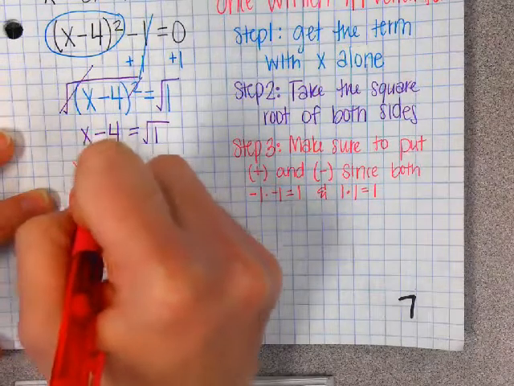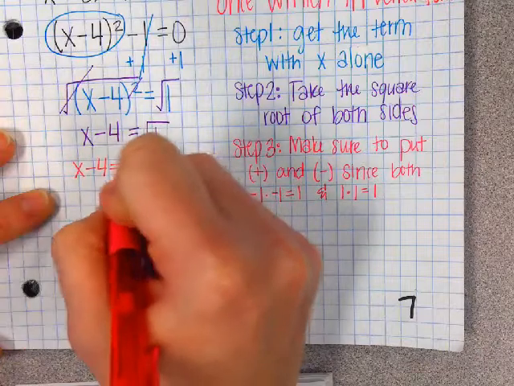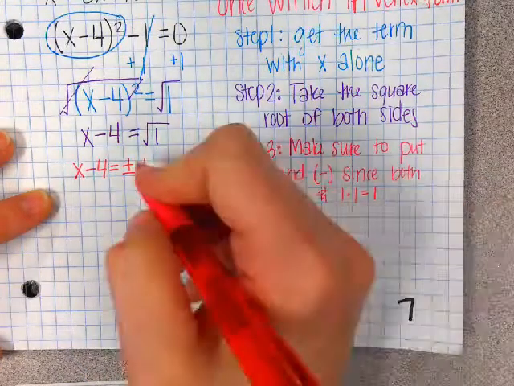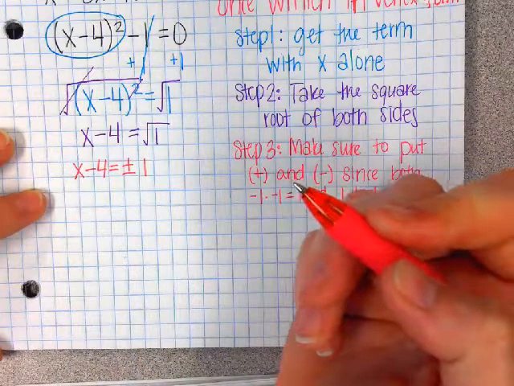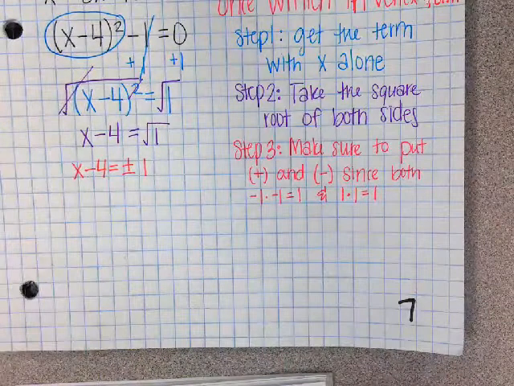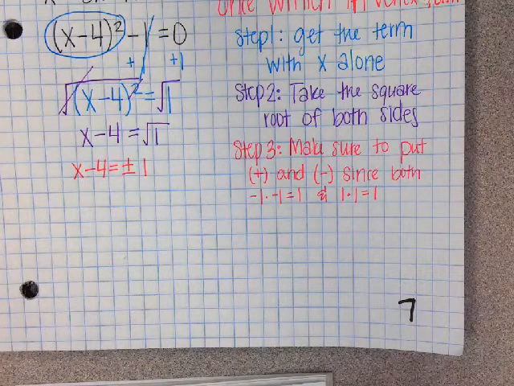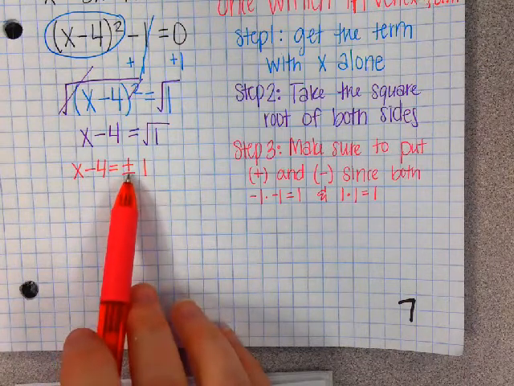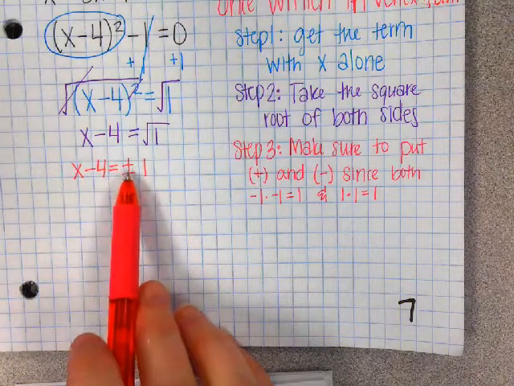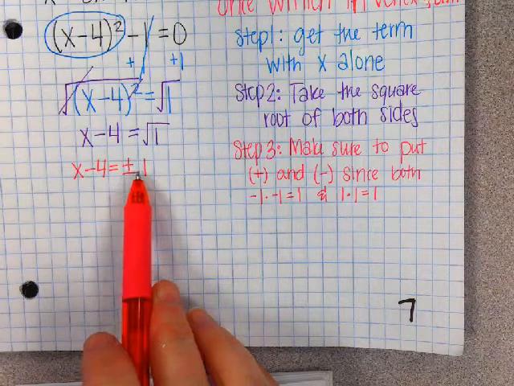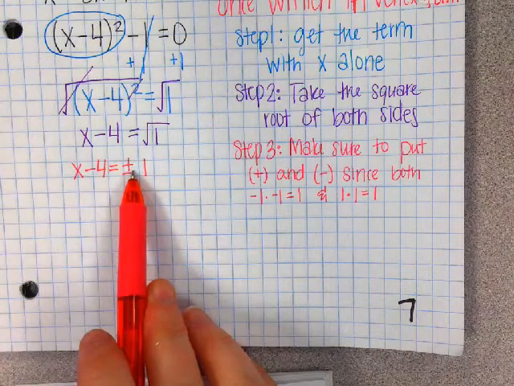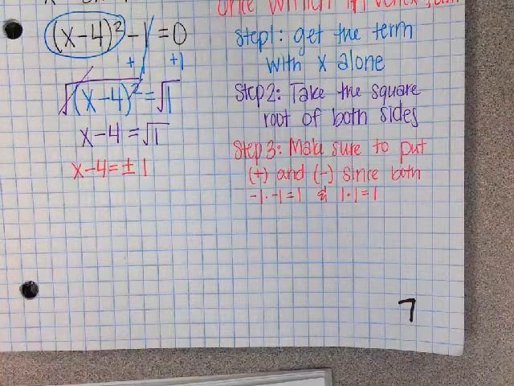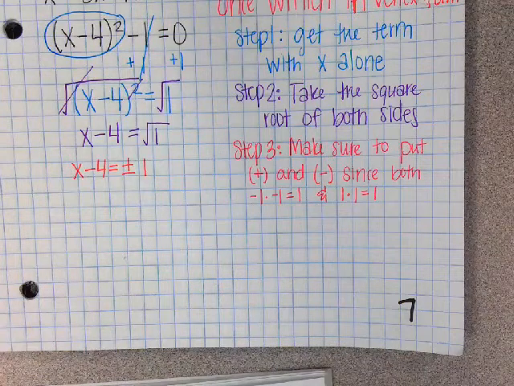And watch how you write this. You're going to write x minus 4 equals positive or negative 1. So that's weird if you've never seen it before. You have to put plus or minus, as it is usually read, but it ends up being both. You're going to solve it using a plus 1 and you're going to solve it using a minus 1.